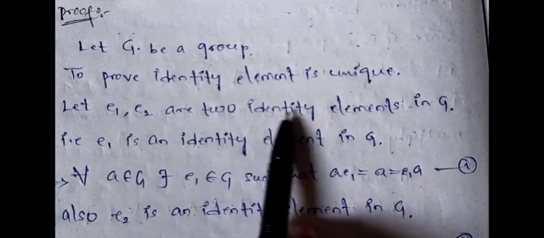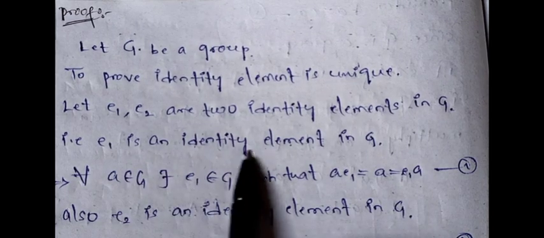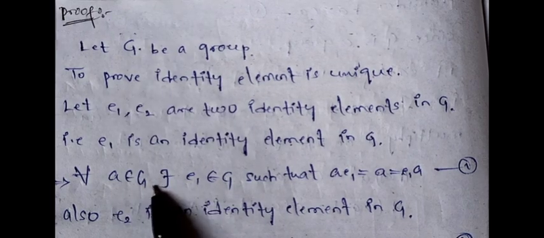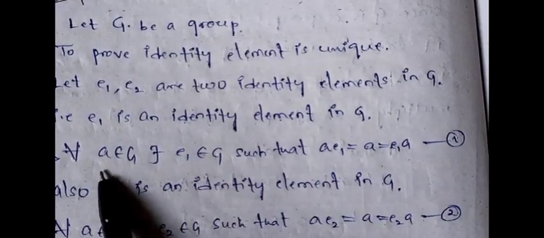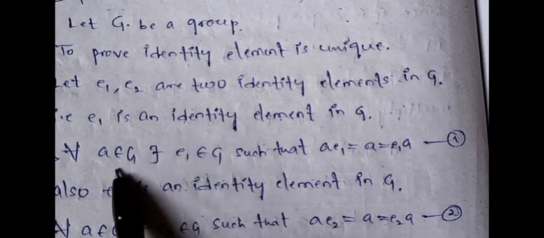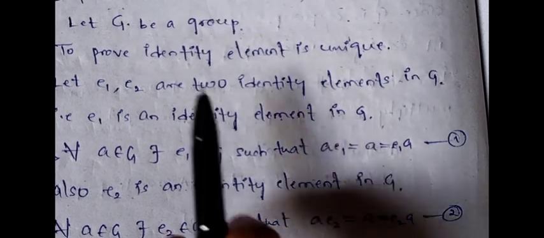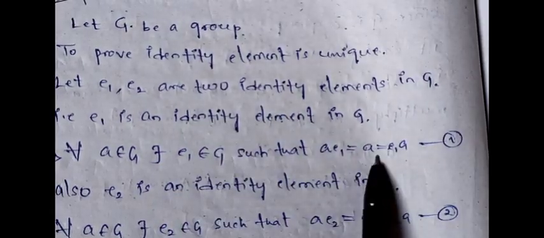So we take two identity elements. Suppose E1 is an identity element. Then by the definition of the identity property, for A belonging to G, there exists E1 belonging to G such that A into E1 equals A. This is because G is a group, so it must satisfy the identity property.